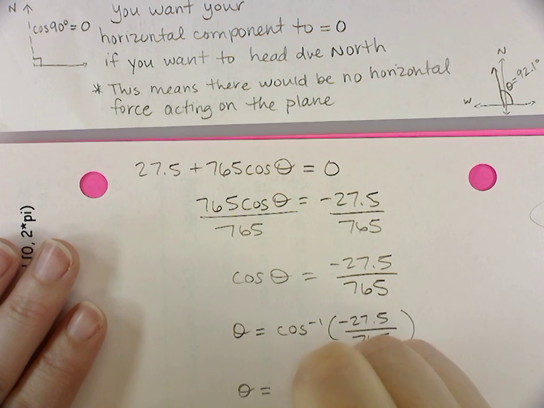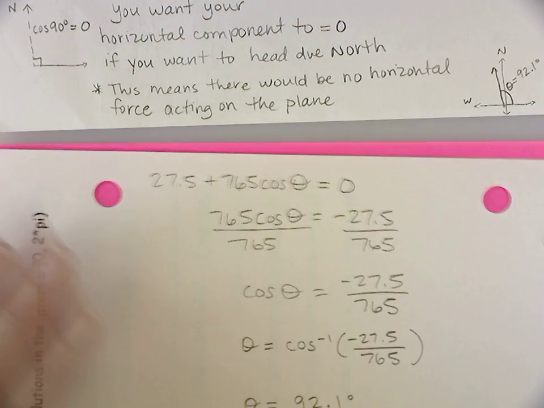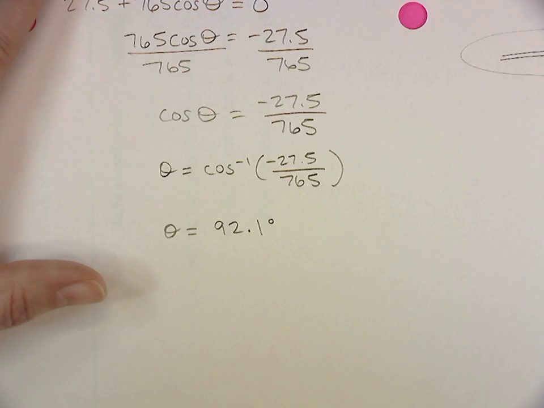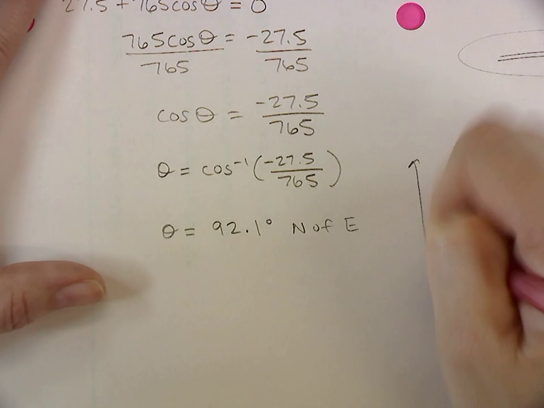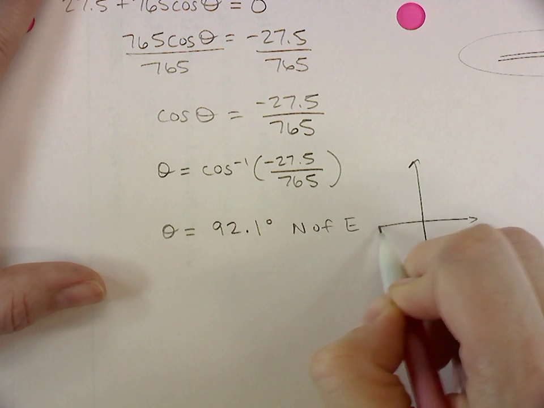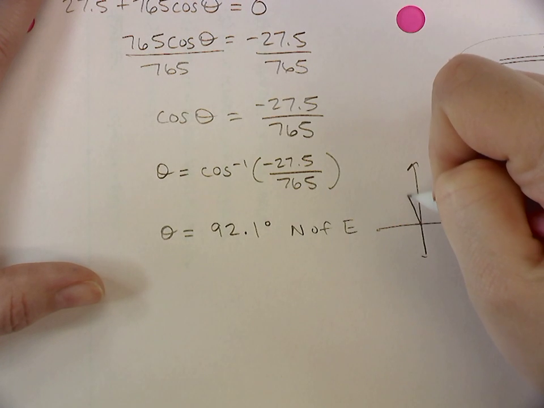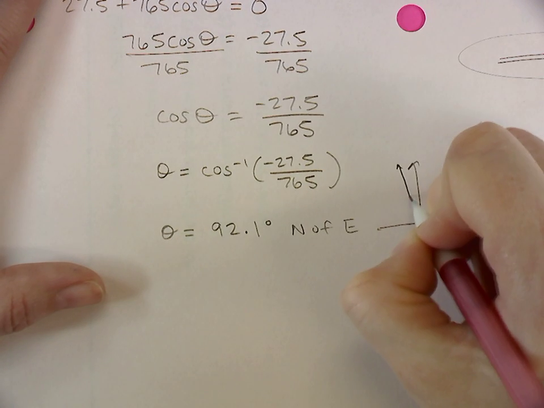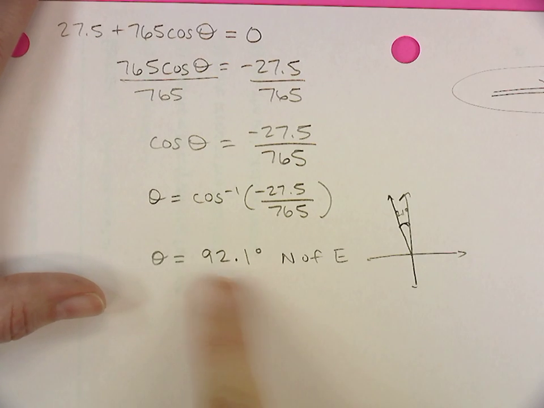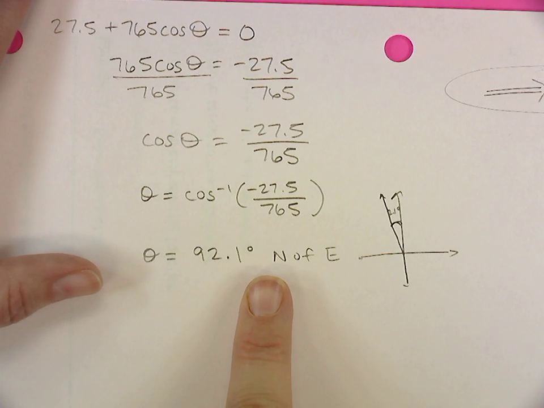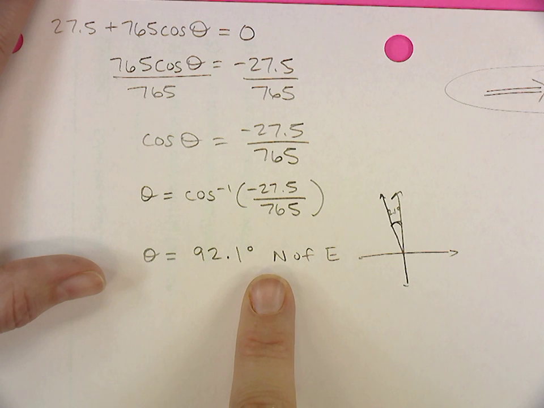Okay, yep, Ben, what'd you get? 92.1. Okay, so the 92.1 degrees for theta is representing north of east. If you were to draw a picture, your 92.1 is going to be really, really close to this. Here, this is going to be the 2.1 degrees. Now, would I say 92.1 north of east, or should I say something else?